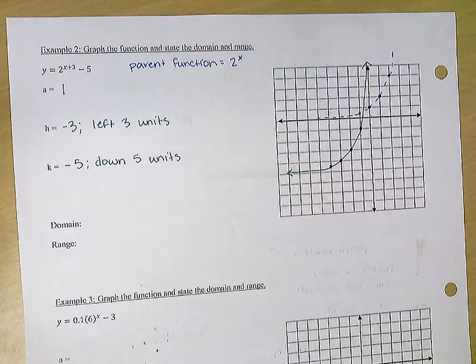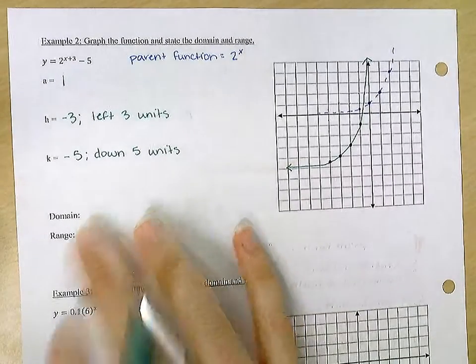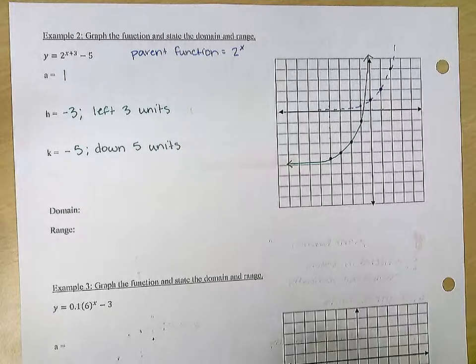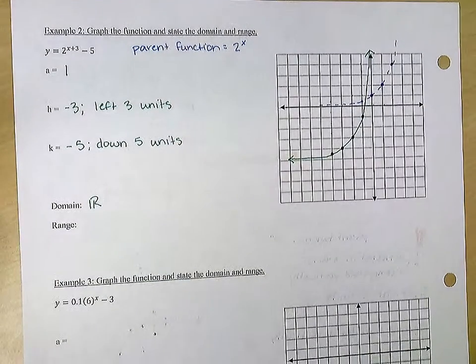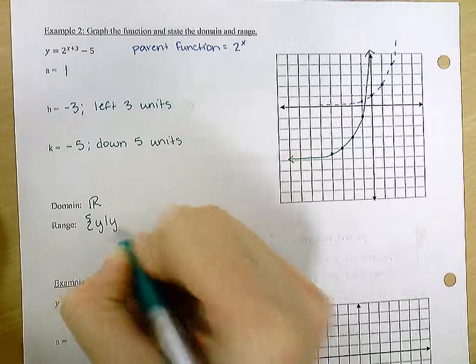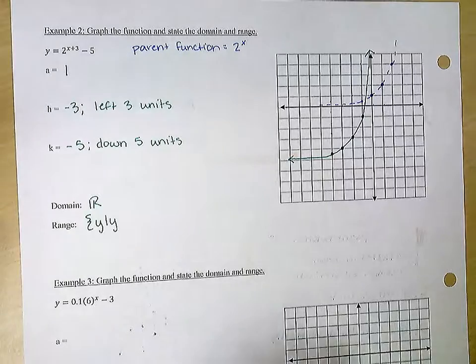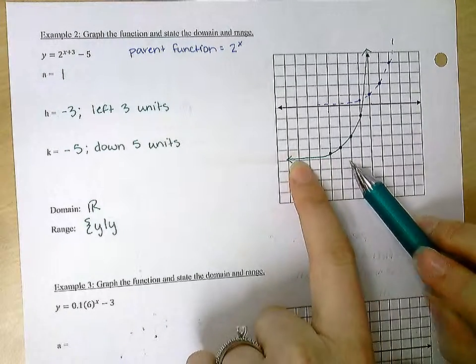So then my domain, okay, your domain, again, you can plug in any value for x. So it is all real numbers. Okay, then my y's for my range. If I follow my x-axis, they stop at this line right here.